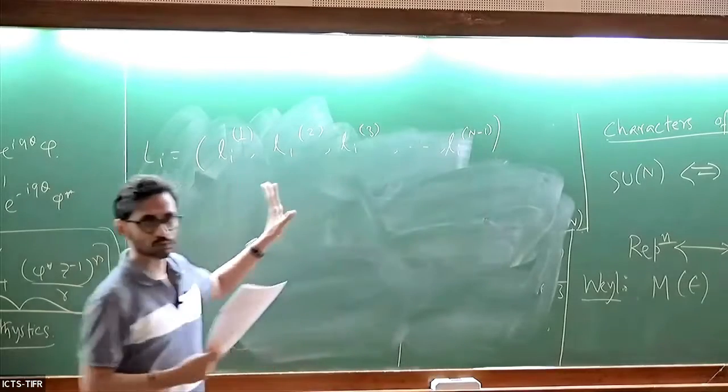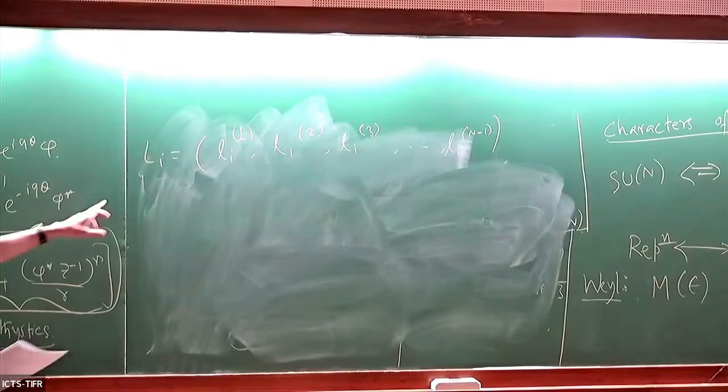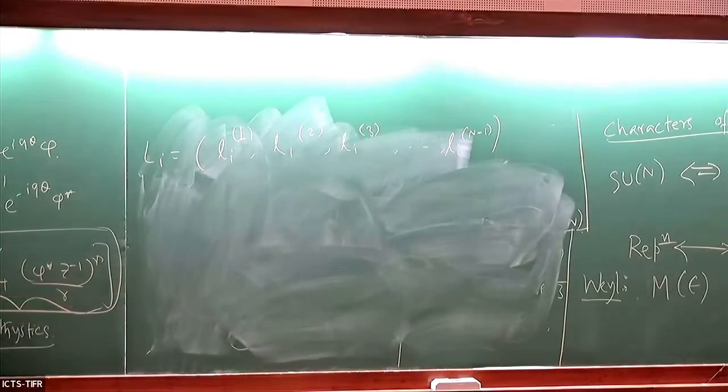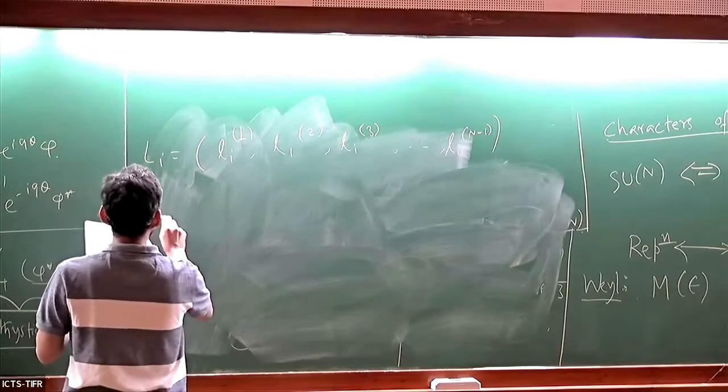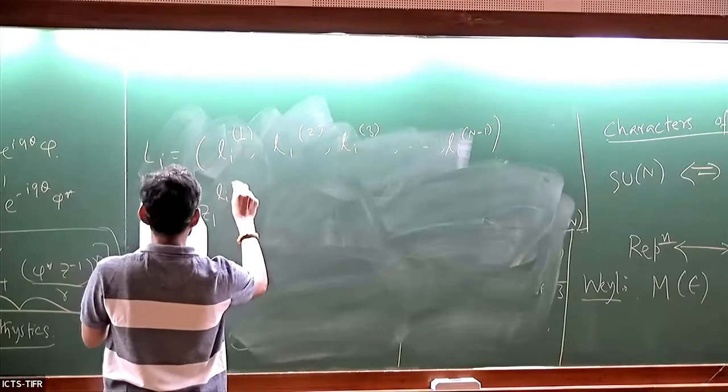It's like an n minus 1 tuple vector I can write down. So you just pick L1, which will be 1, and then you just subtract them and find out what your L1, L2, L3 are, just construct. And then this relation will give you the relation between the epsilon and z.